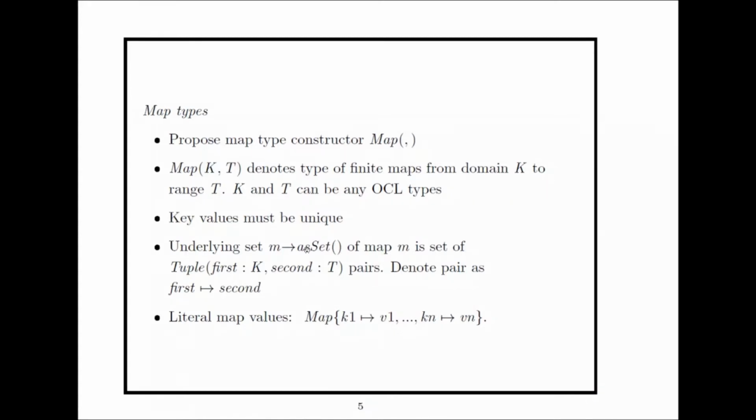Now, we could think of this in terms of the existing OCL by saying that there's an underlying set of each map, and that underlying set is a set of tuples with the first element in the key type and the second element in the value type. We could also represent that as a maplet in Z notation, first mapping to second. And then a literal map can be written like that.